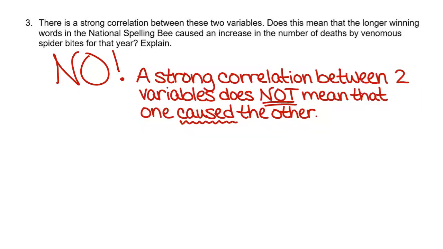Absolutely correct. A strong correlation between two variables does not mean that one caused the other one. A strong correlation just means that these two things go together a lot. But it does not mean that one caused the other.